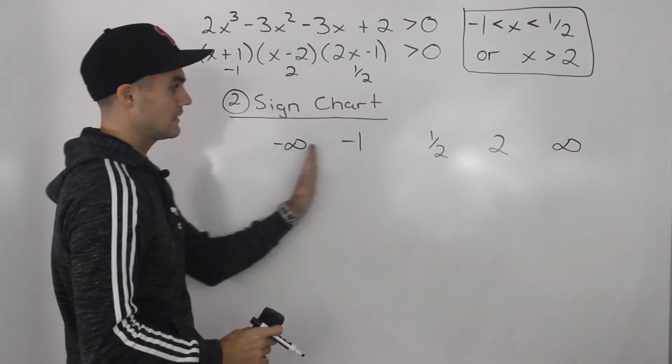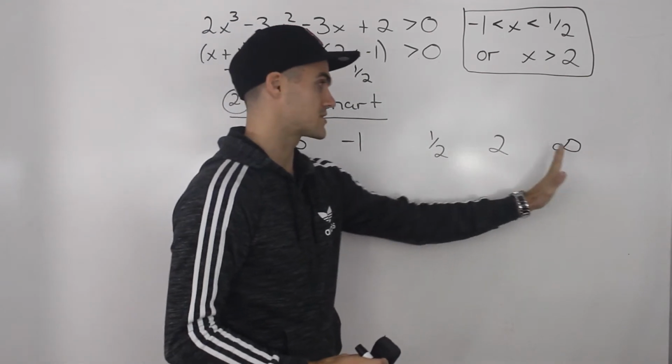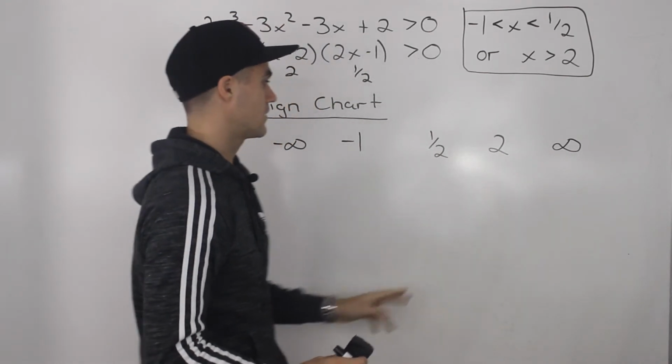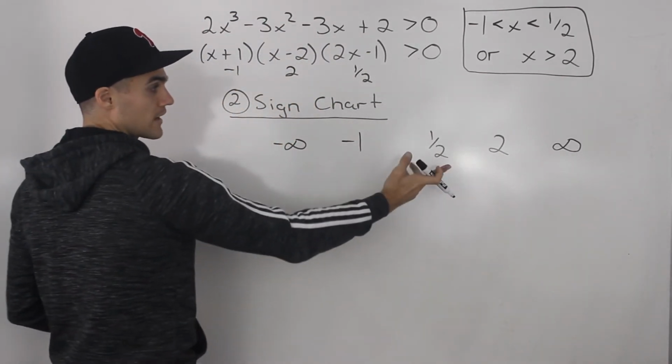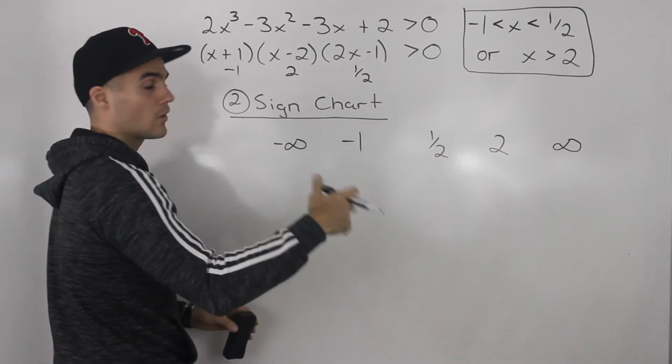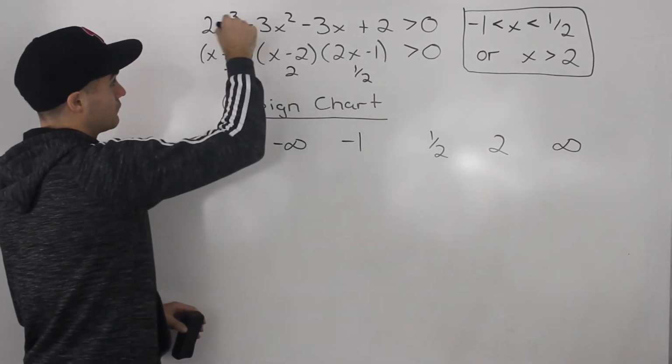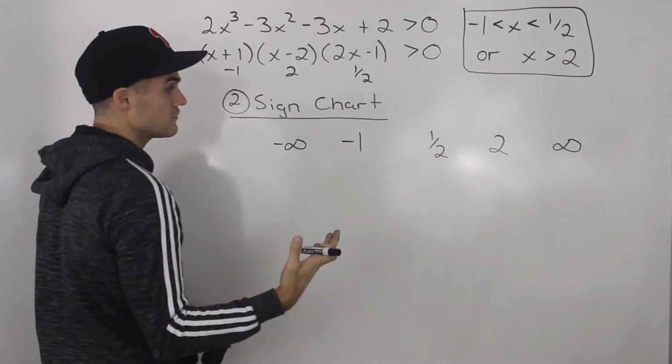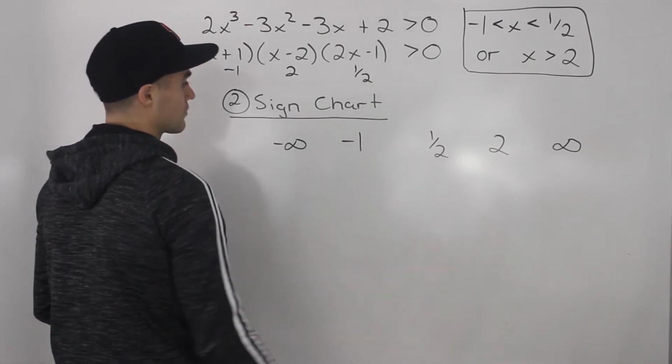So negative infinity, all of the x-intercepts, positive infinity. And sometimes you'll have more than 3 x-intercepts. We'll do polynomial inequalities in the future with maybe a degree of 4 or 5, but in this case, we only have 3.